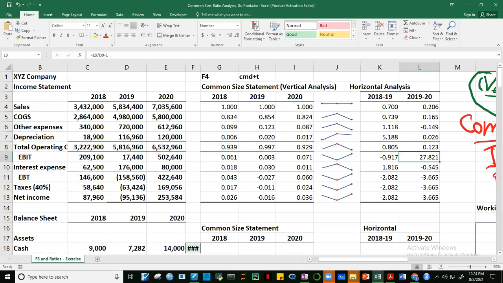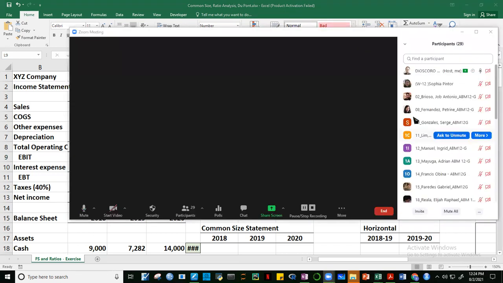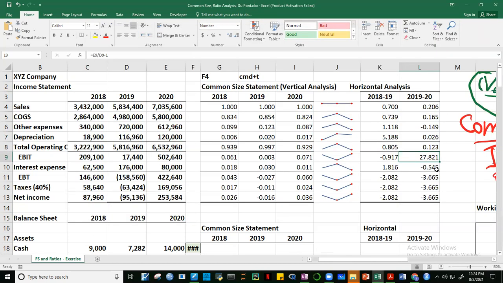Anyone? Okay, correct, Elijah. 2,782%, roughly 2,700%, kasi kino-convert natin sa percent. That was the increase in EBIT. So okay yung performance in 2020. From 17,440, naging 502,640.